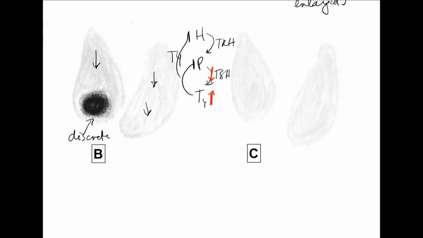So that's suppressing the rest of the gland. And this is the classic pattern that we're going to see in a functioning adenoma. These are benign, and you don't need to do further surgery.